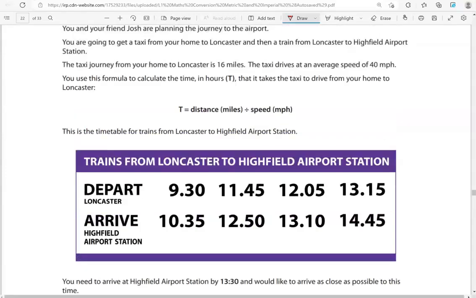Let's work out how long it will take to get to the airport. So we've got the formula. Distance is 16 miles, and the speed is 40 miles per hour.